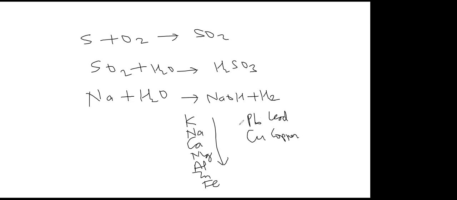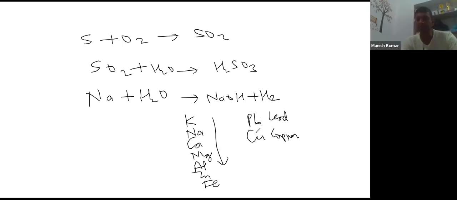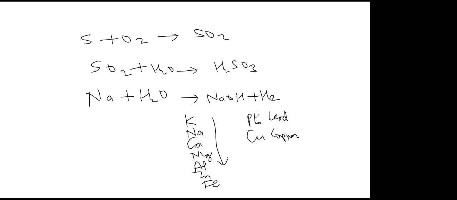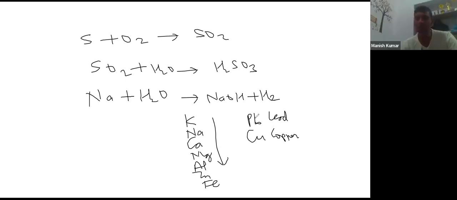Hydrogen is also there in the table, sir. In the reactivity series, you have to just remember till gold. Starting from potassium, this much is only given in your book. That is enough. After copper, there will be silver, and then gold.